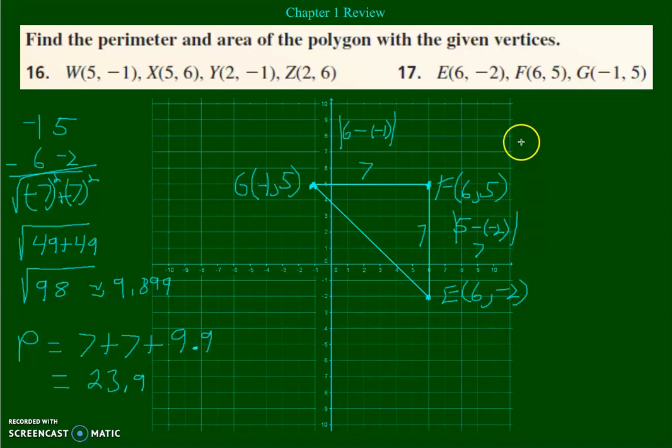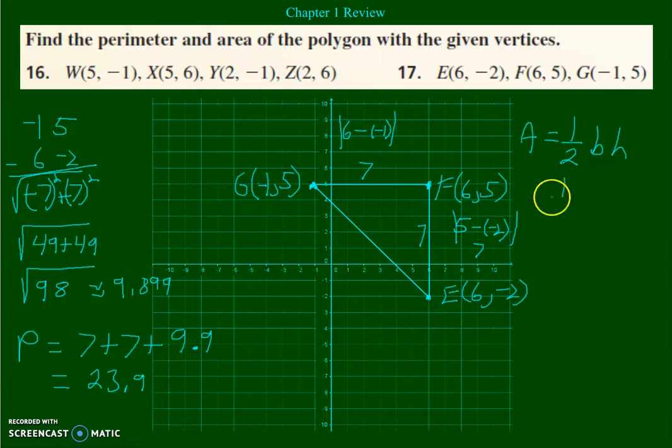For area, the area is 1/2 base times height. Doesn't really matter which one we use for the base or which one we use for the height. They're both the same.